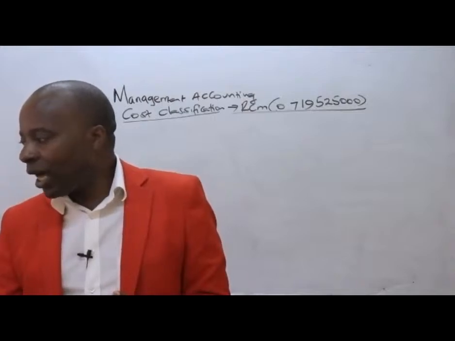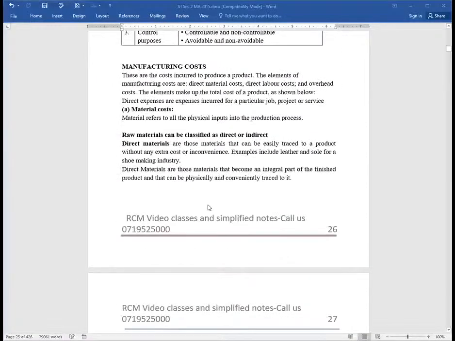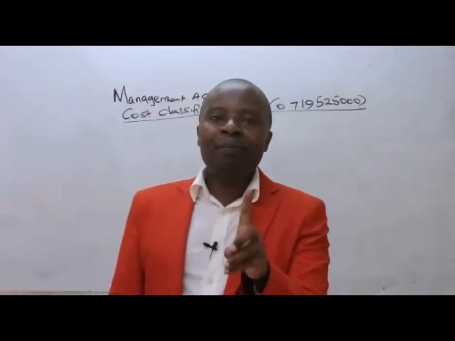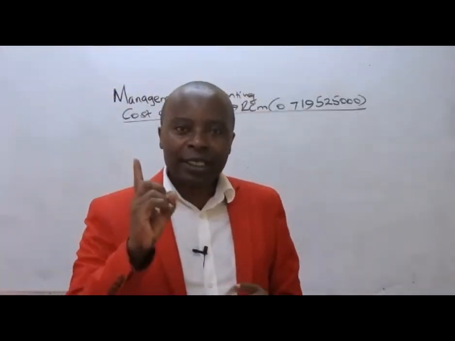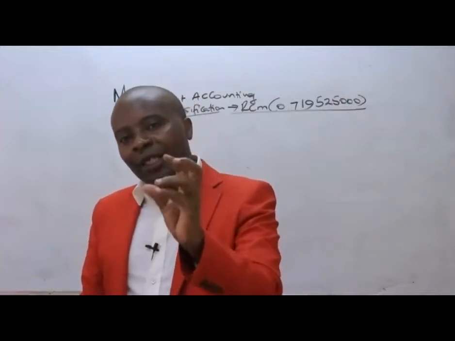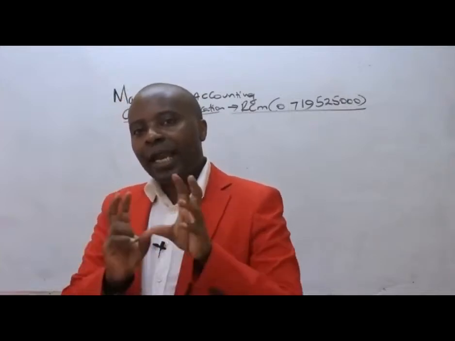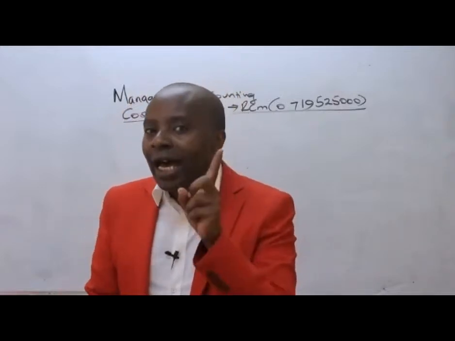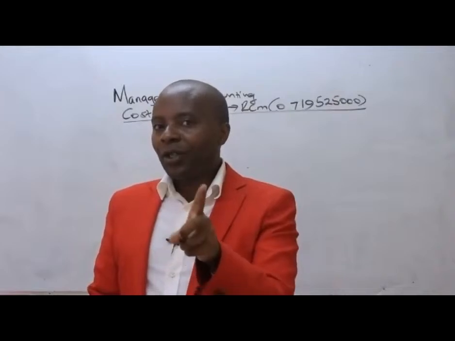And then of course we'll have what we call labor. Of course we need labor, like some other carpenters who will be assisting me, and I'll be paying them salaries and wages. If I'll be paying them on a per unit basis through what we call a piece rate payment system, so I'll be able to say that I paid you 500 shillings for each table that you produced, then that particular wage, which is directly attributable to the units we produce, will be called direct labor.